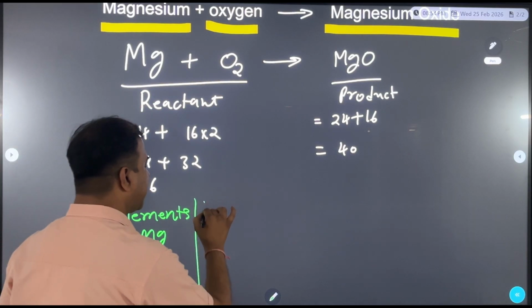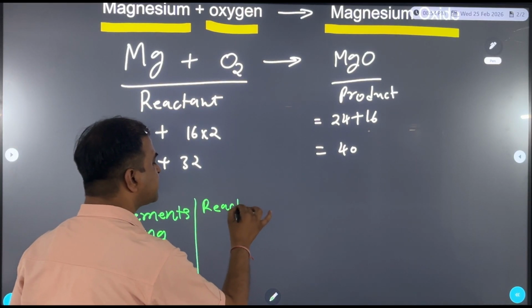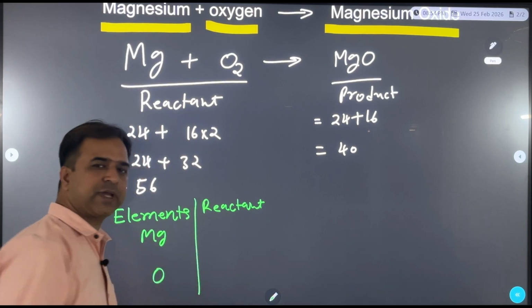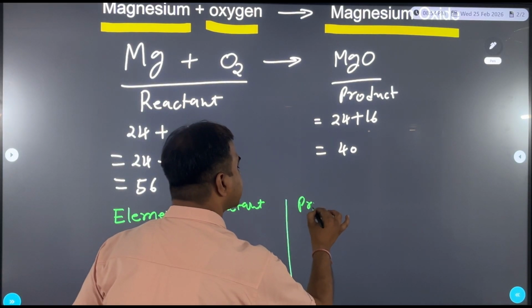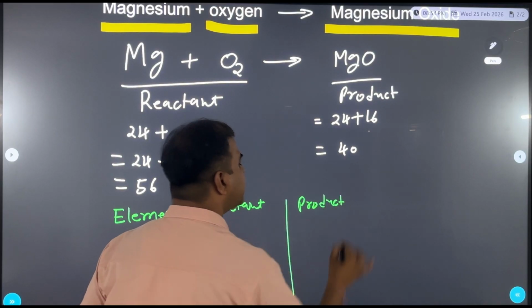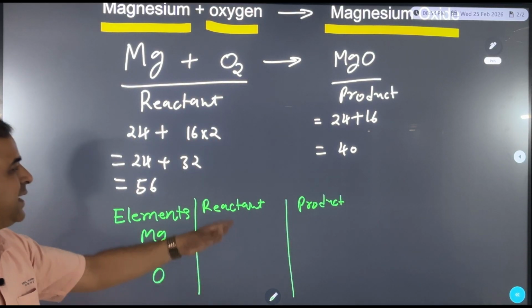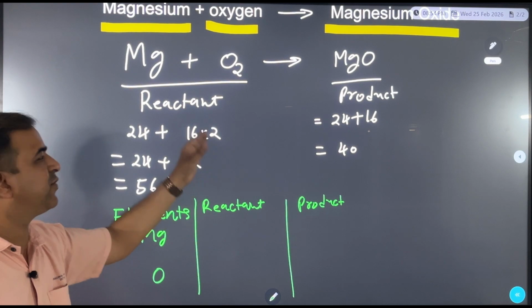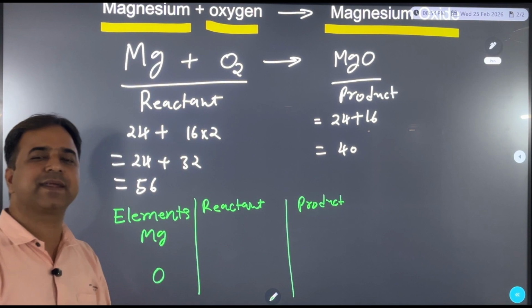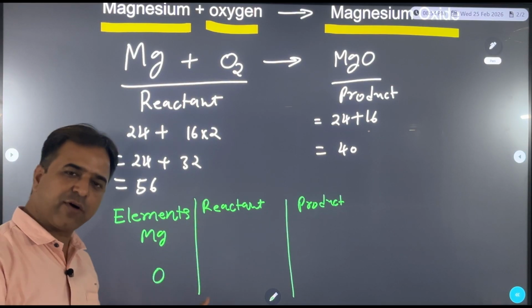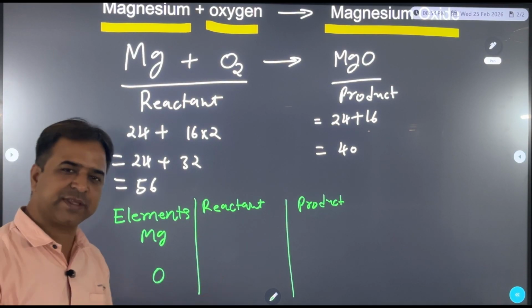Now here we are putting reactant side as well as the product side. This table we are making just to tally how many atoms of different elements are present. We can do it directly also by hit and trial method, but for better understanding we are using this table.